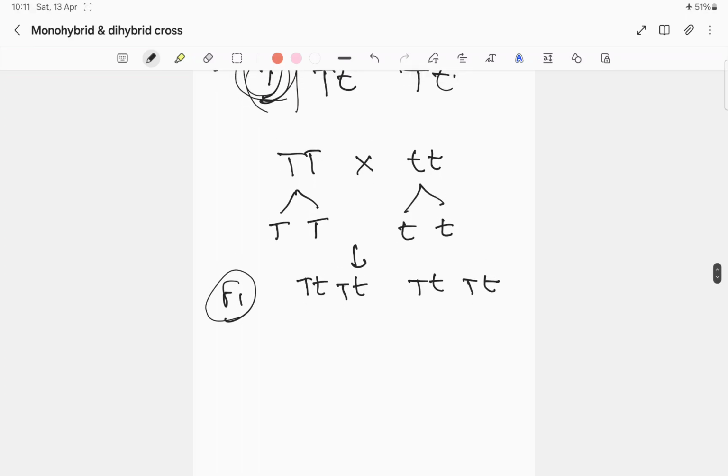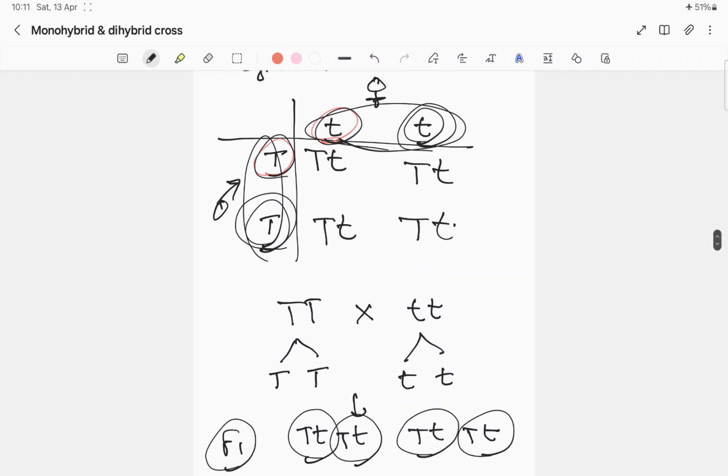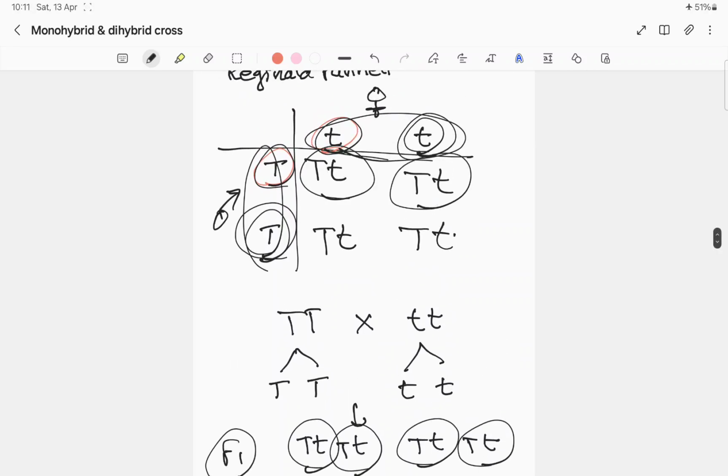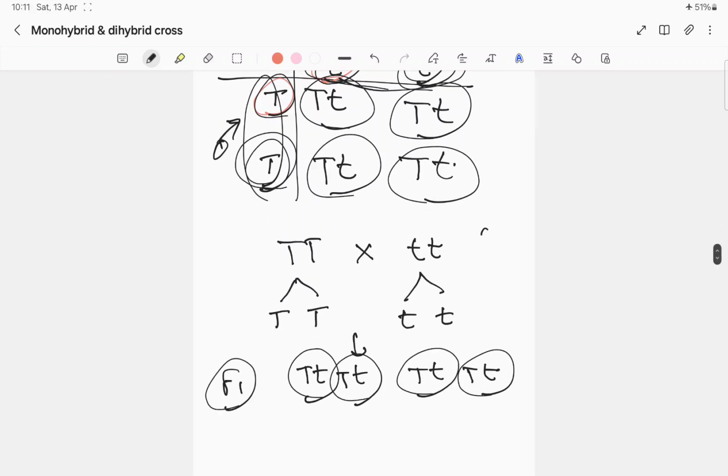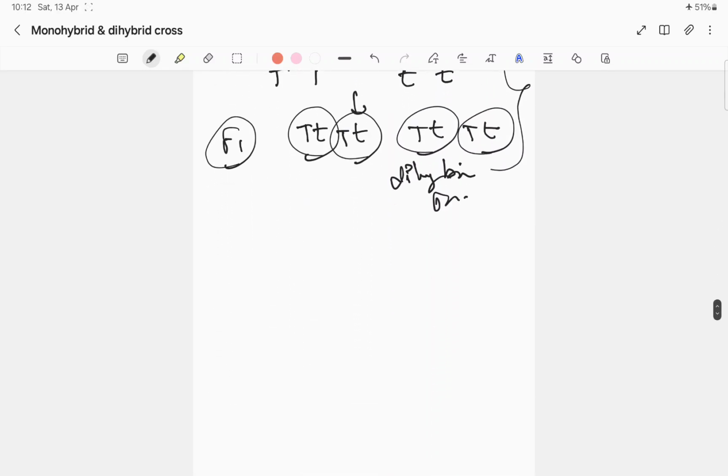This will be the F1 generation. In the F1 we all got this capital T small t, and in the Punnett square also we are getting the same. This will be somewhat difficult if we go in case of dihybrid and trihybrid crosses. So the Punnett square is easy, to make our work easy. So this has been done.